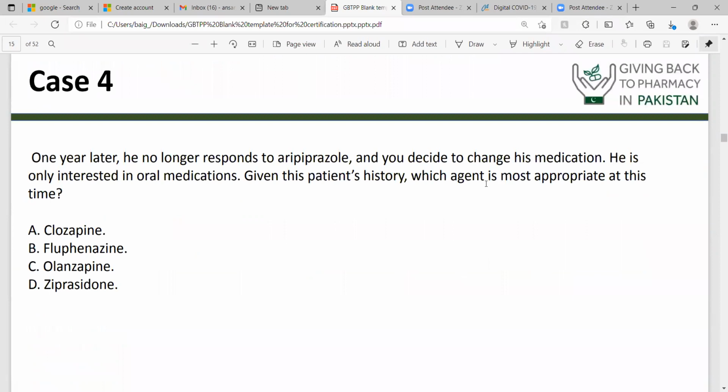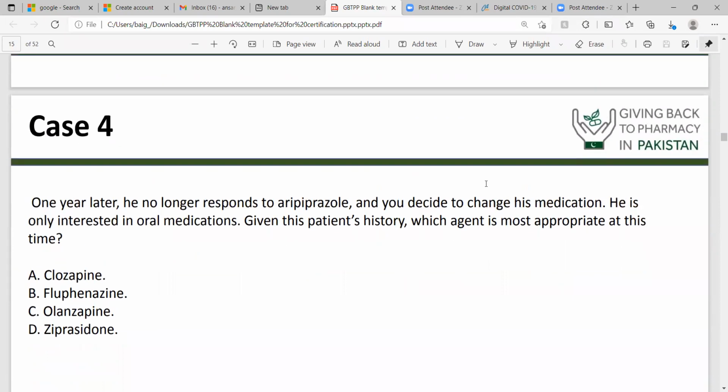Sorry to disturb you, ma'am. You may also use the page view option for the full screen. Full screen? Okay. Where is that, page view? In the title bar at the top. Page view option.